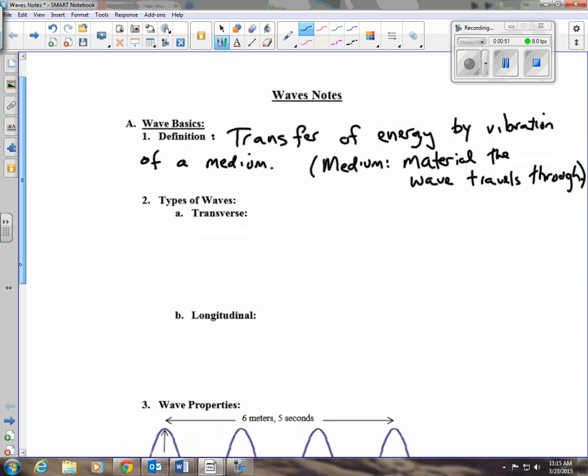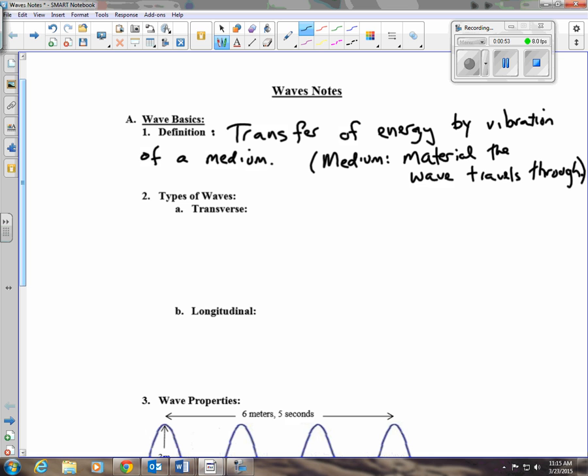Now, types of waves. First one we're going to talk about is called a transverse wave. And in a transverse wave, the medium vibrates perpendicular to the direction of energy transfer.